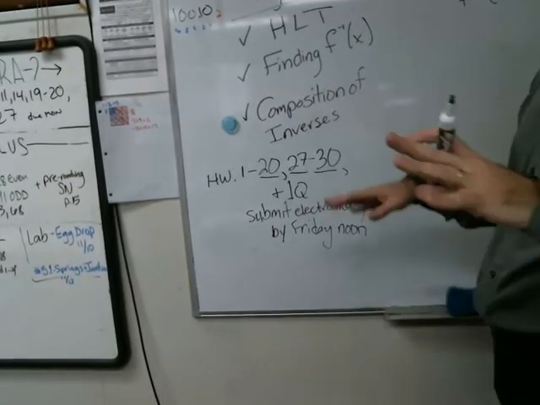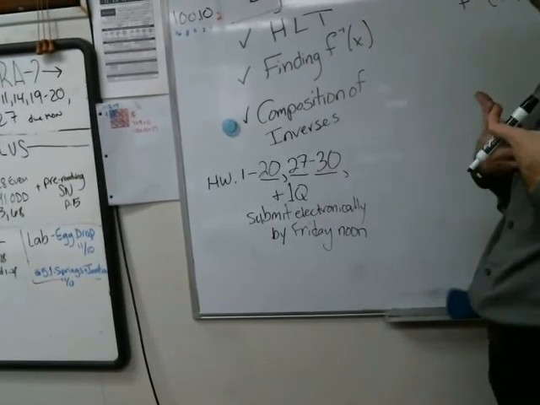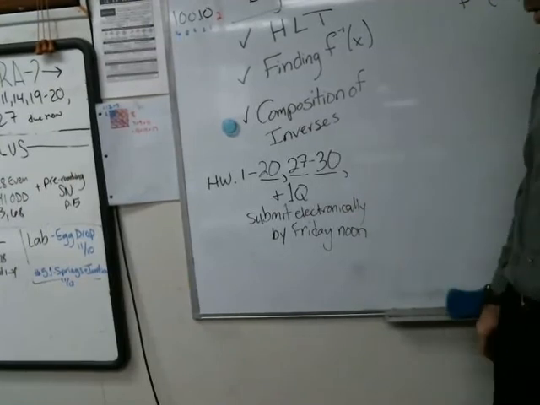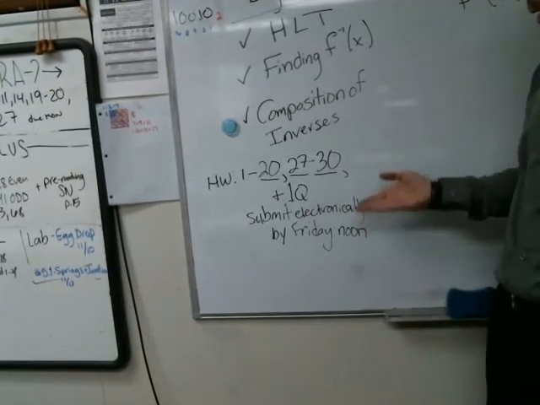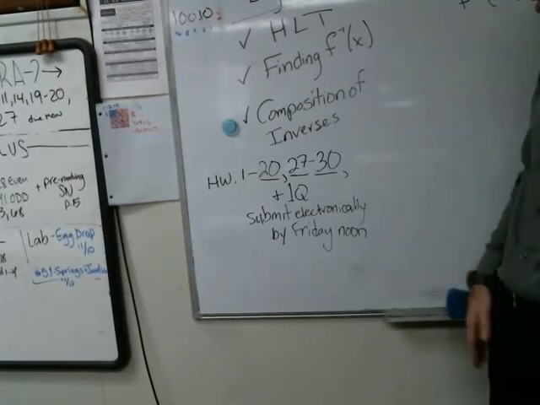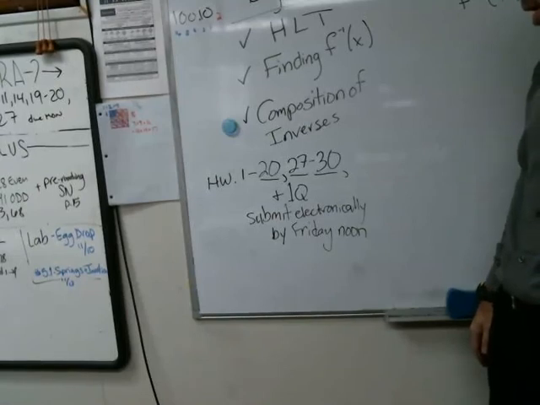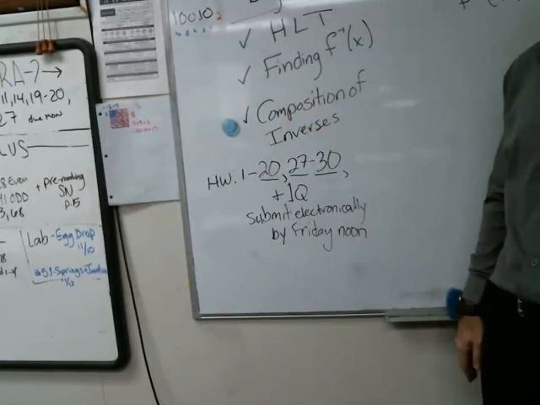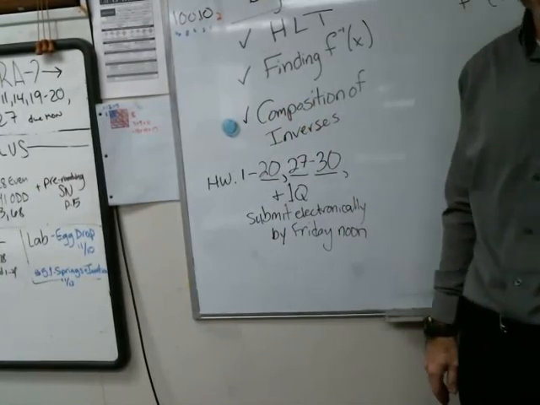That way your hands are clean and your heart is pure, and you can walk away from math for a whole week. So that's what I'm hoping from you. Lesson 17.1, inverse functions, 1 through 20, 27 to 30, plus one question that has something to do with this inverse stuff. Think up something kind of creative, if you would, please.